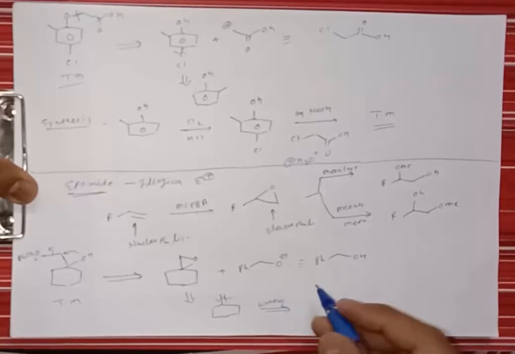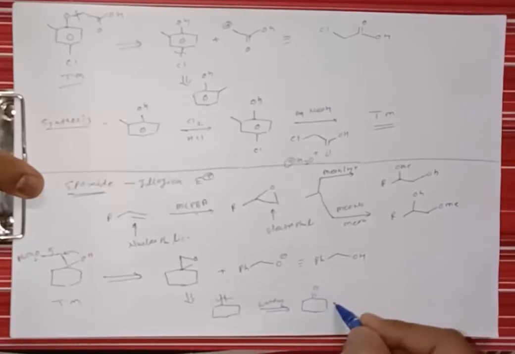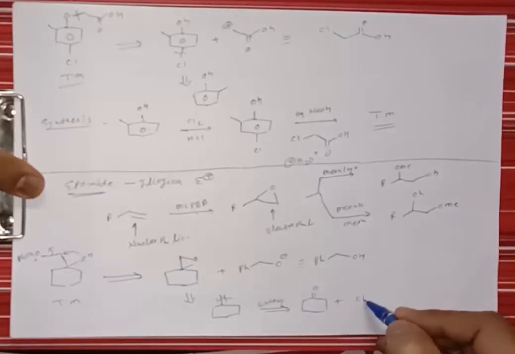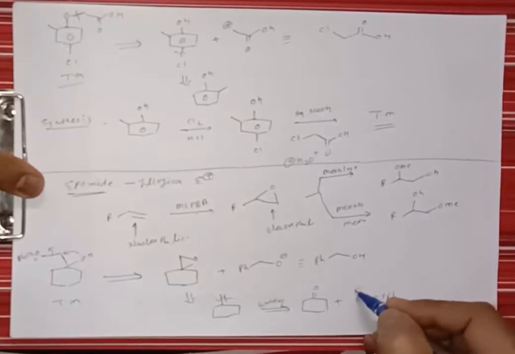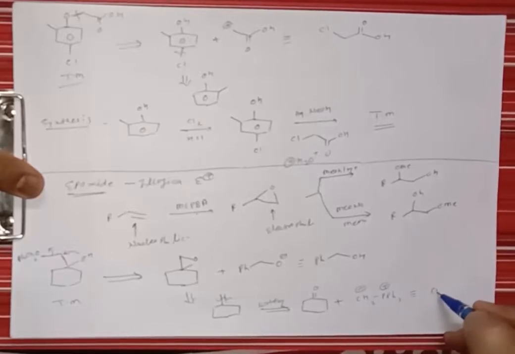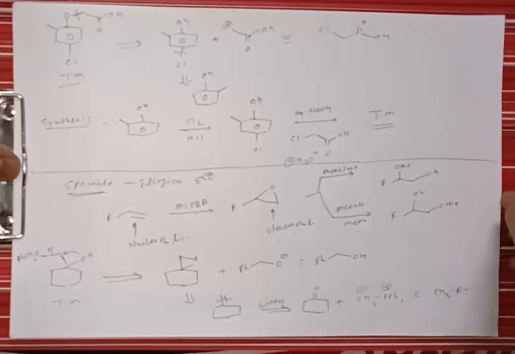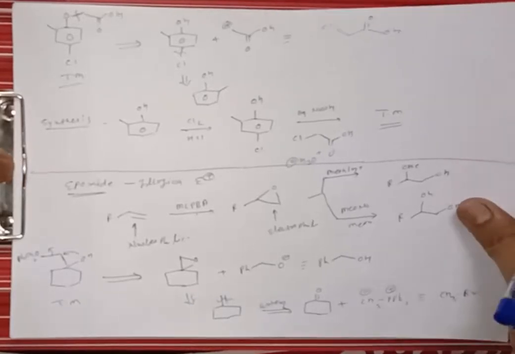It gives a cyclohexanone, plus CH2 PPh3 with minus here and plus here, and the synthetic equivalent for this molecule is CH3Br, right? So this is a molecule which contains an epoxide as an illogical disconnection.